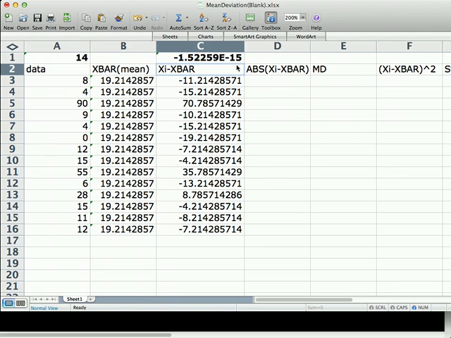That's a rounding error essentially. But I want to point out that the average of these differences is 0 because they should balance each other out, like on a scale. Some are above, some are below, but they should all kind of equal 0 if I was to add them together. And that's why I have to absolute value them.